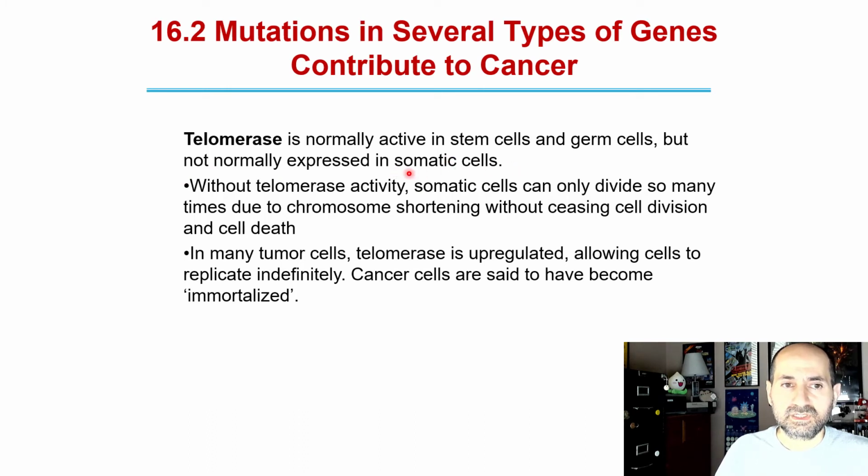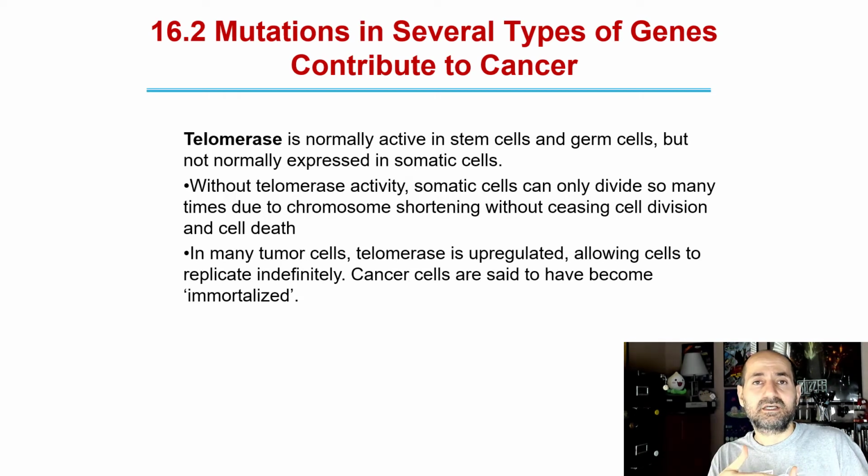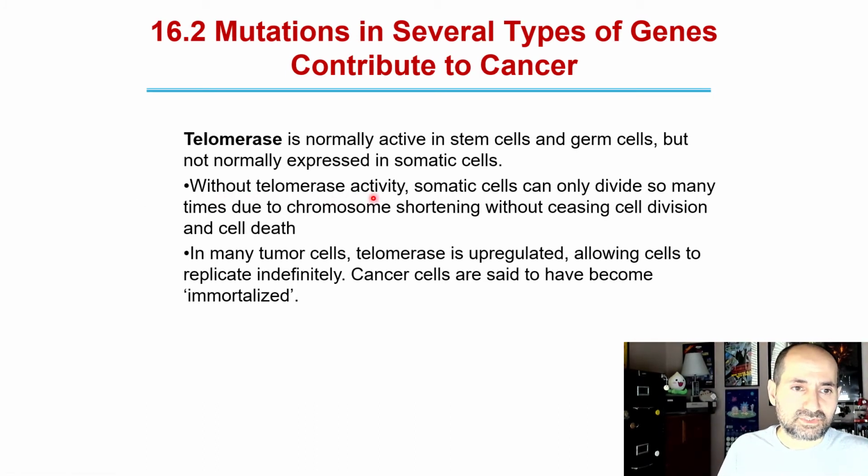cells. You know why? Because your somatic cells are not meant to divide all that many times before a stem cell replenishes them. Without telomerase activity, somatic cells can only divide so many times due to chromosome shortening without ceasing cell division and cell death.